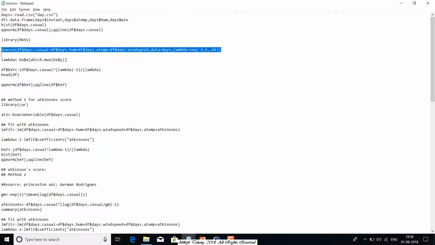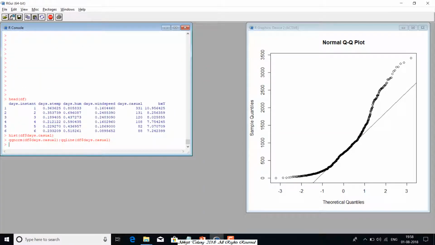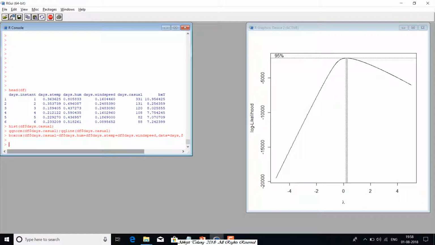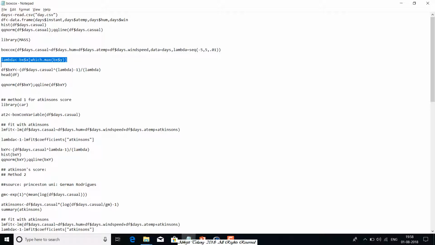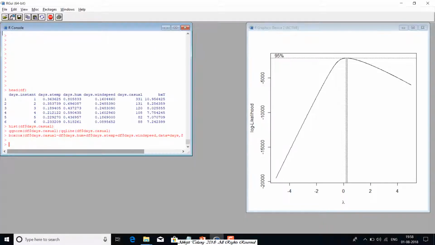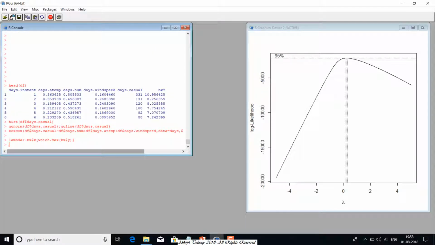There's a function called boxcox in R, and we'll quickly run that to get the lambda value. What it does is plot a constant, which is lambda, and that constant is found based on maximizing the log likelihood function.